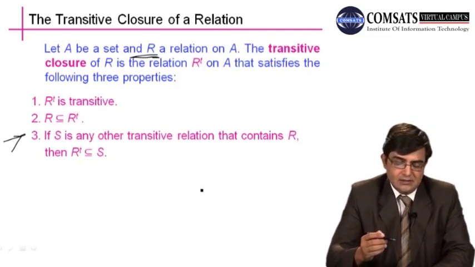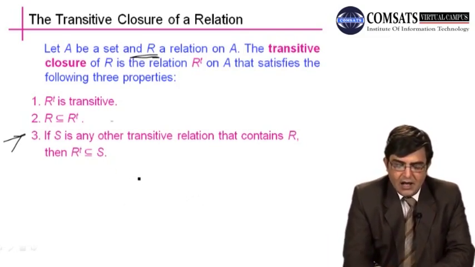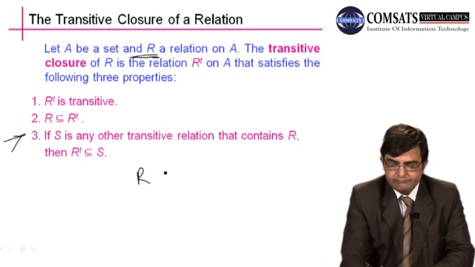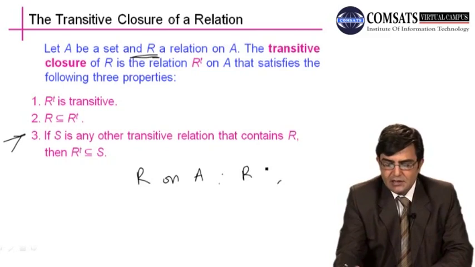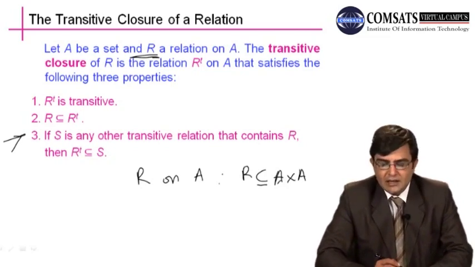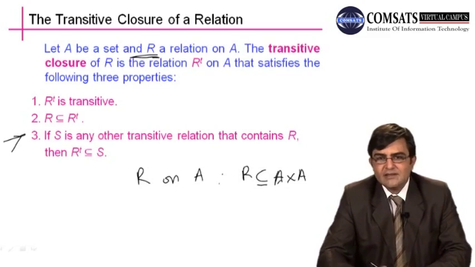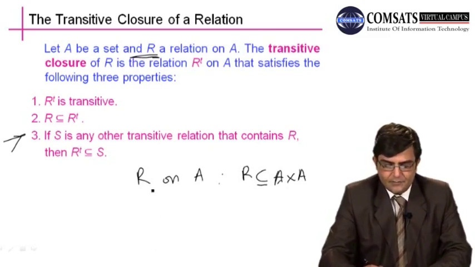I repeat it. R is any relation on A, that is, R is a subset of A cross A. R may be transitive, R may not be transitive. So now we are going to find the transitive closure of this relation.